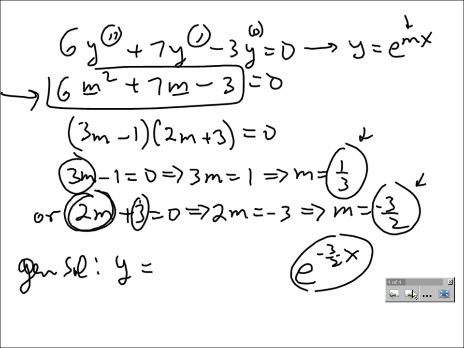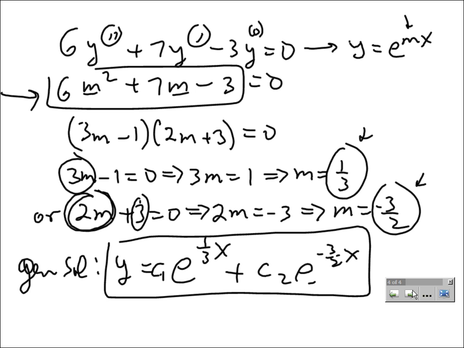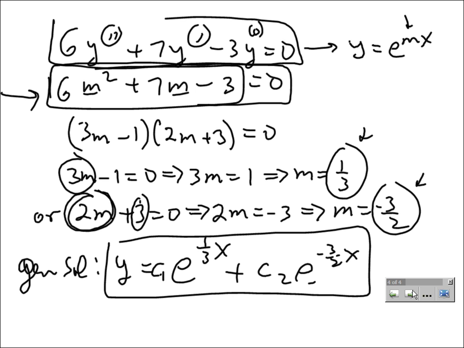And then you take a linear combination of them, since they're independent. Take a multiple of the first one plus a multiple of the second, and there is your general solution. When you get 2 roots, it's really not even a differential equation. To go from here to the auxiliary equation should be simple.